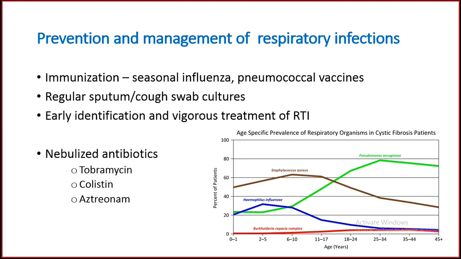Another thing is regular checking of sputum samples or cough swabs. The cough swab uses the same swab as for COVID. We ask the child to open the mouth, and we keep the swab in the mouth, as far back as possible toward the throat but without touching it, and ask the child to cough.